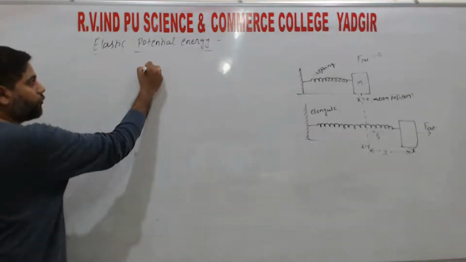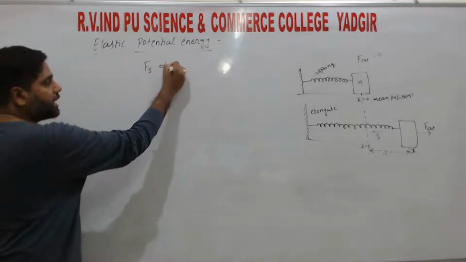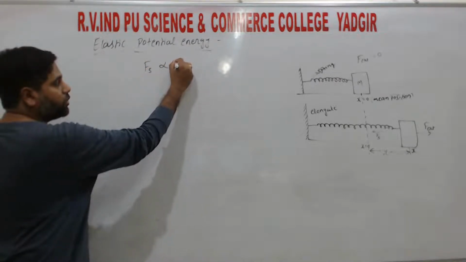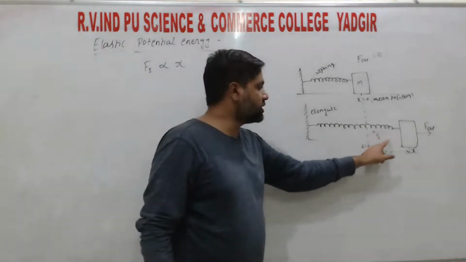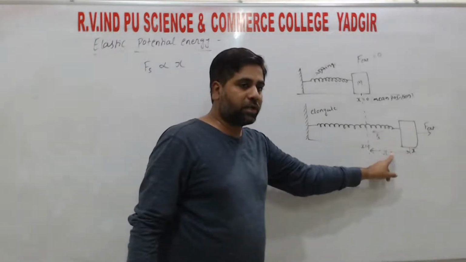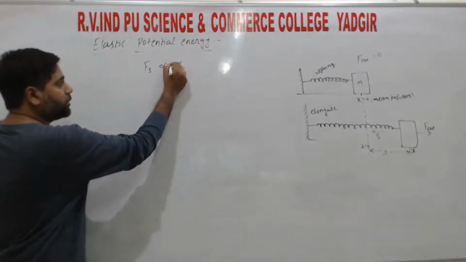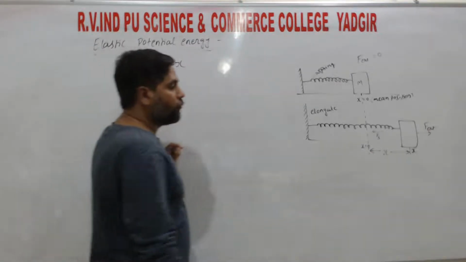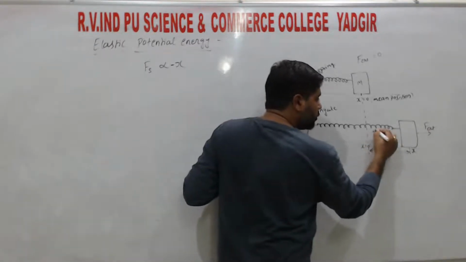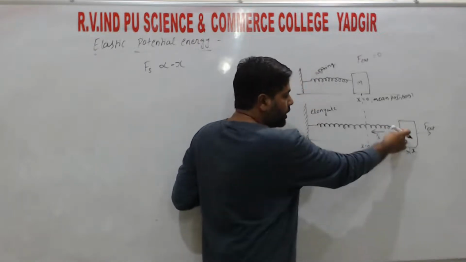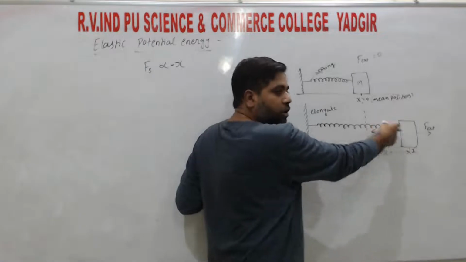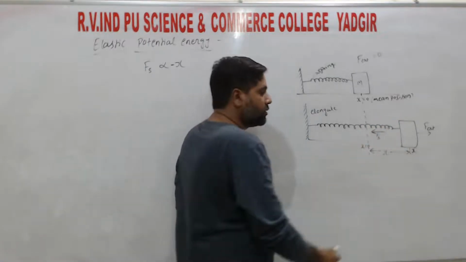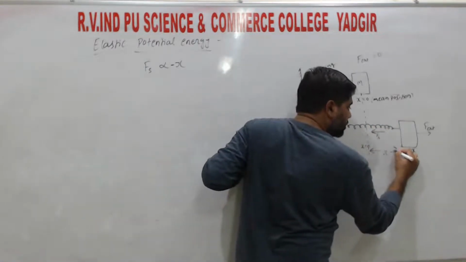So that spring force Fs is directly related to the displacement, right? The displacement carries a minus sign because the force and displacement are in opposite directions, right? So if the spring force, that is the restoring force, is acting towards the left side, then the displacement is towards the right side.